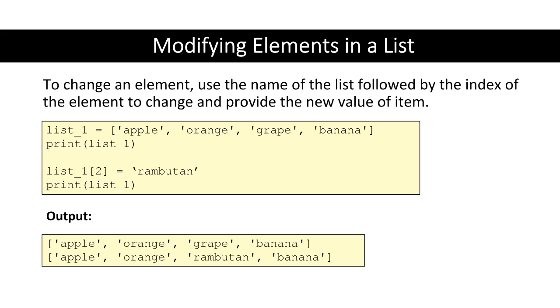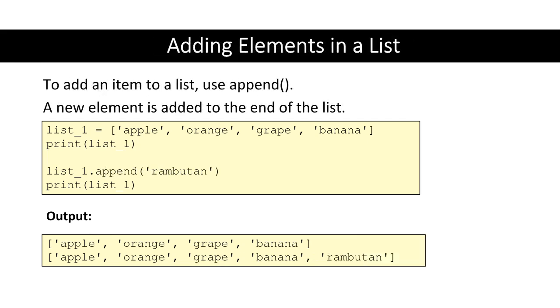Initially, list_1 equals apple, orange, grape, banana, then list_1[2] equals rambutan. This replaces the element at index 2, which is grape, with rambutan. So the updated list becomes apple, orange, rambutan, banana.